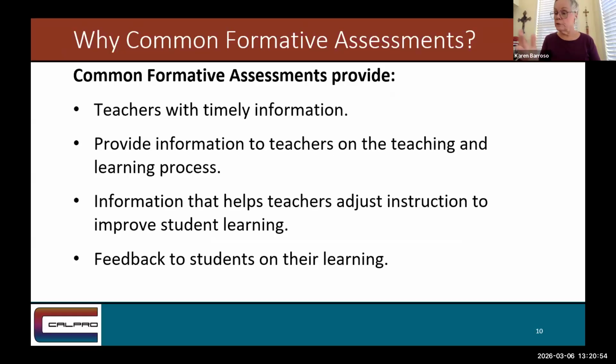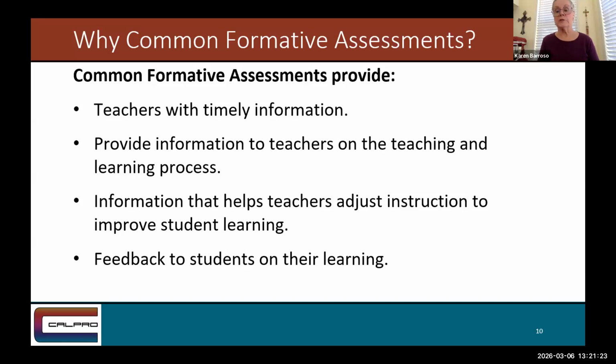As you all said, this is kind of a quick summary. What do common formative assessments provide teachers? Timely information. You don't wait until you've taught the whole quarter and then say, oh my goodness, they didn't learn it. It provides information to teachers on the teaching and learning process. So this is built-in staff development right there.